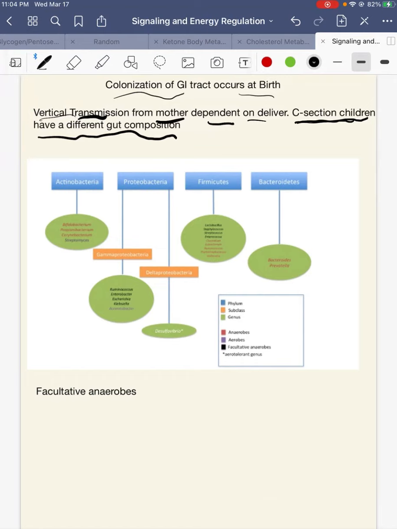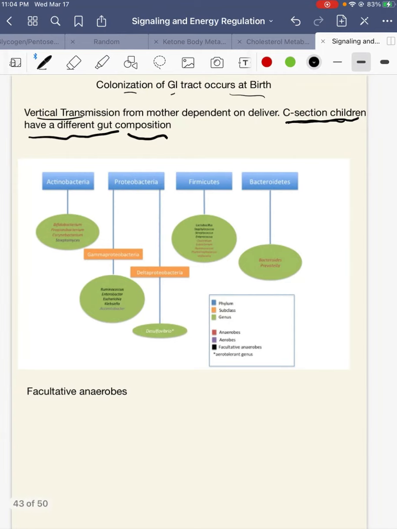So it's another factor that helps us determine that, because C-section children have a different gut microbiome composition than with vertical transmission, it allows us to conclude that when given birth, a lot of the gut microbiome comes from the mother.